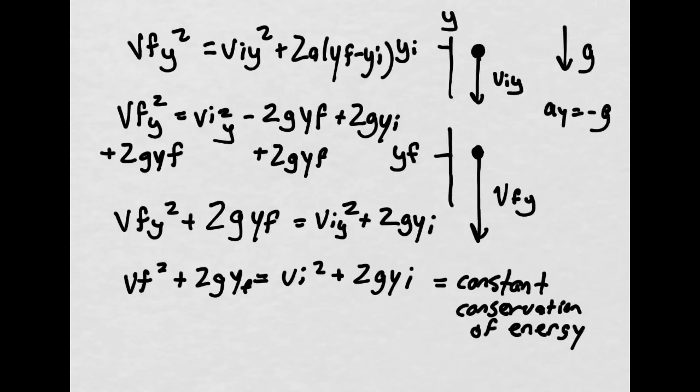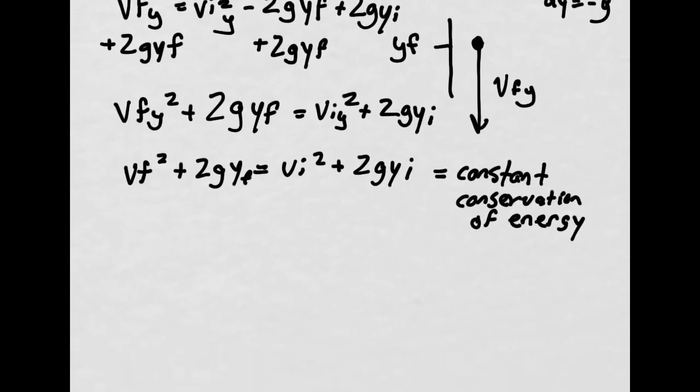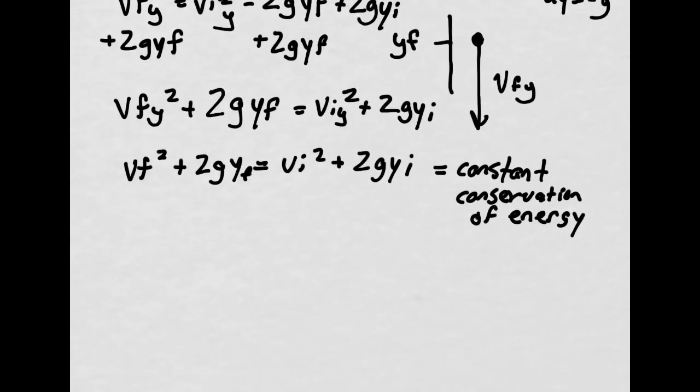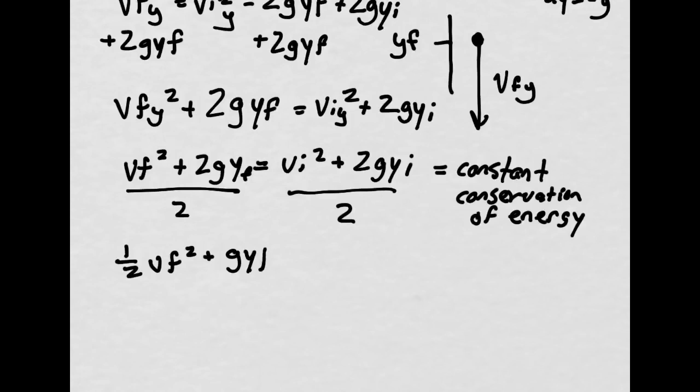So, if we want to get these in the forms that we know, we're going to just do some multiplication. I'm just going to divide both sides by 2 because it will look nicer. It's 1/2 Vf squared plus gyf equals 1/2 Vi squared plus gyi.